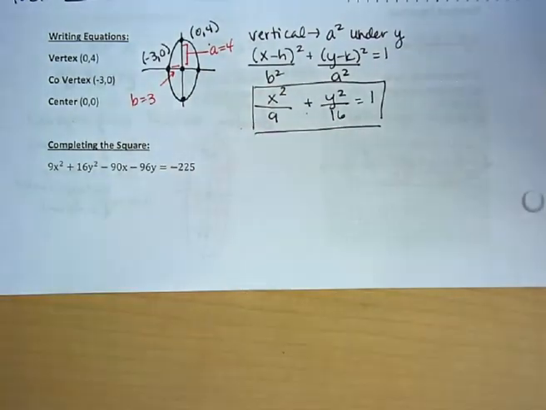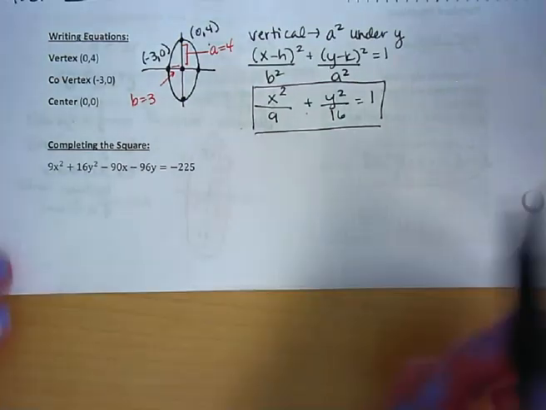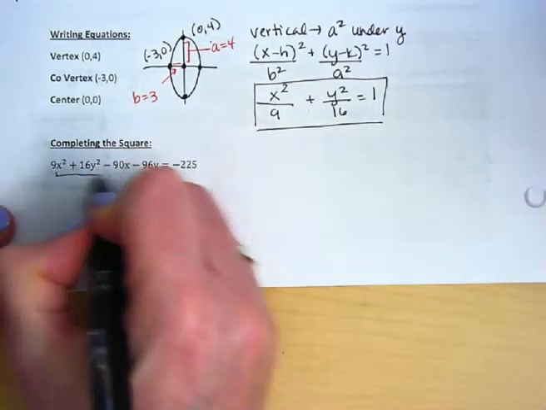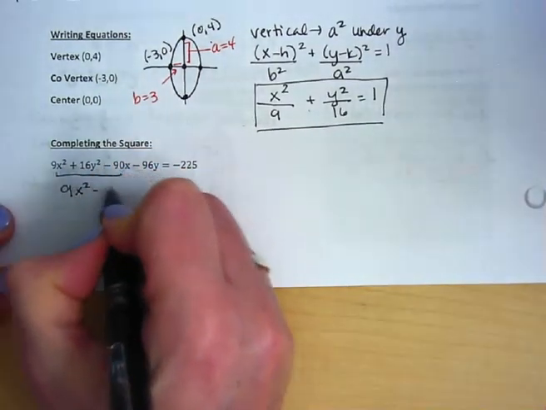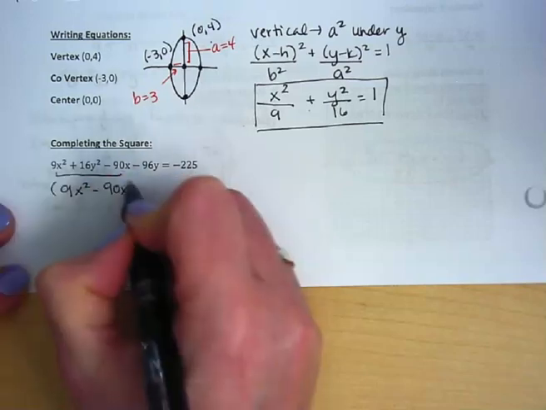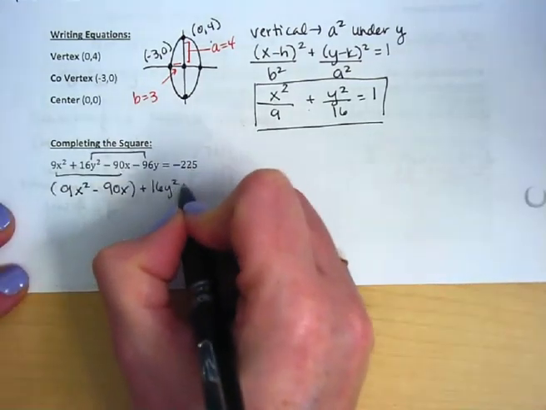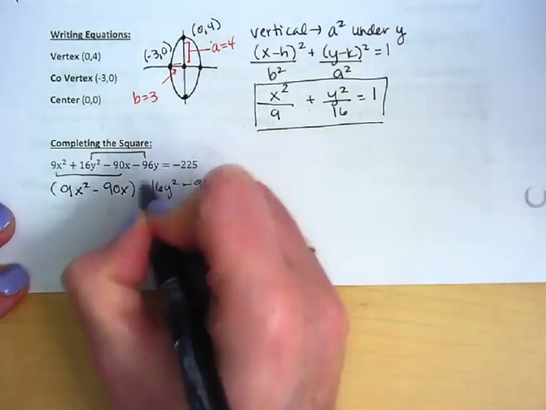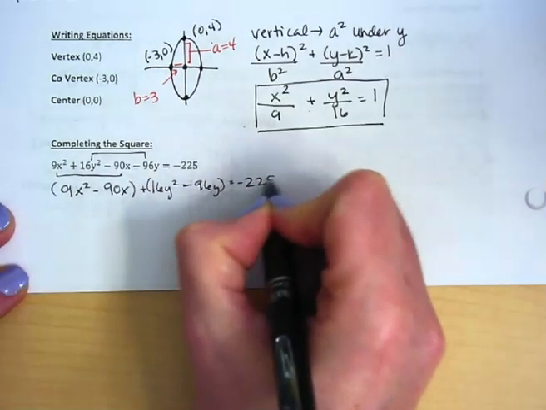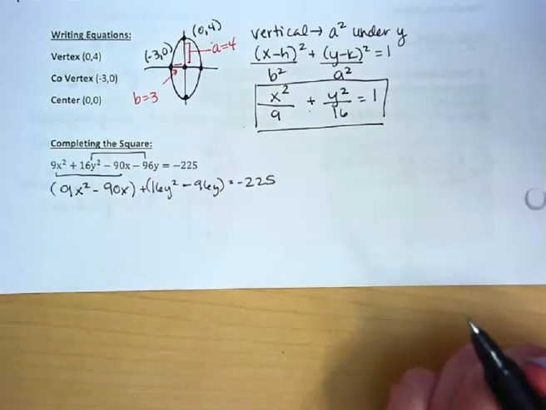And then in this next problem, we are going to do completing the square. I'm going to start by grouping the x's together, and then the y's together. And now I'm going to complete the square.